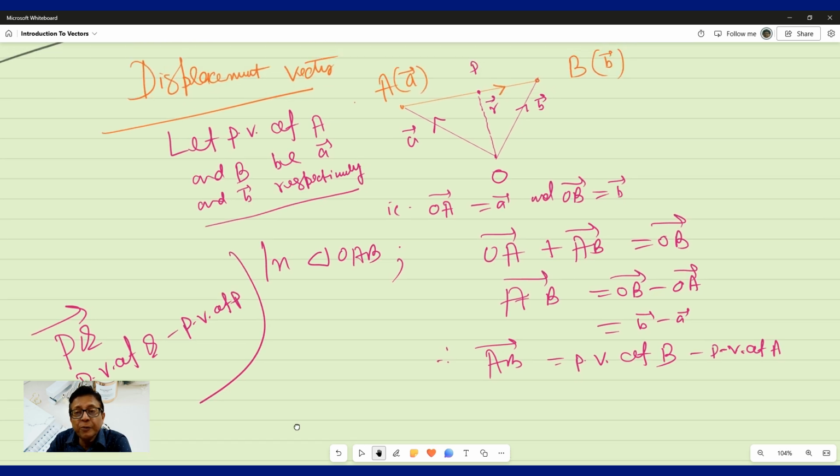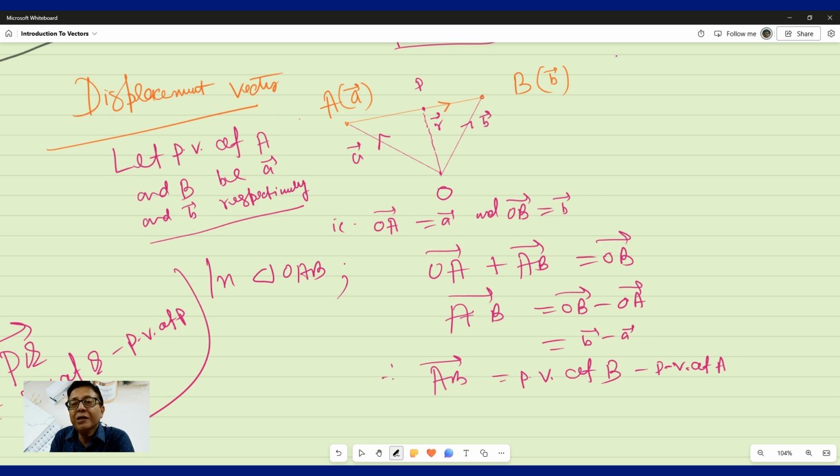And here section formula is also valid. What is that? Section formula in physics.